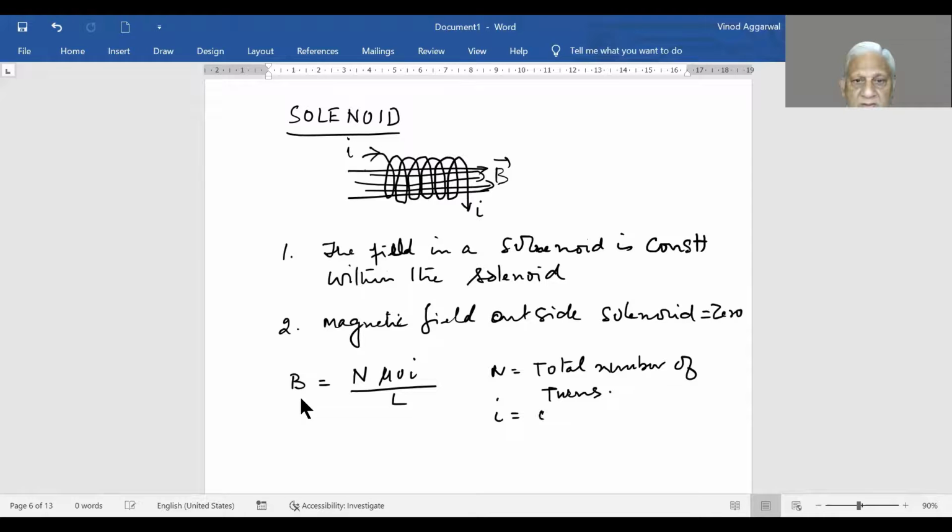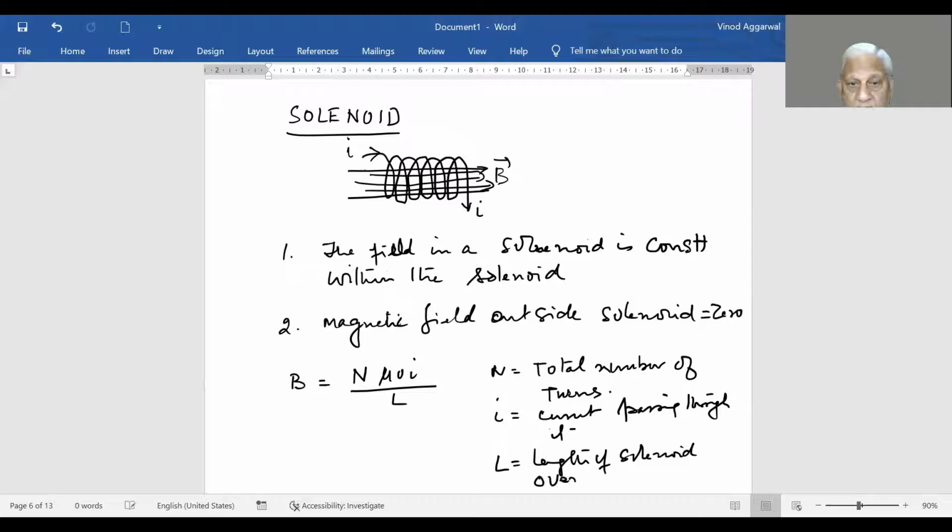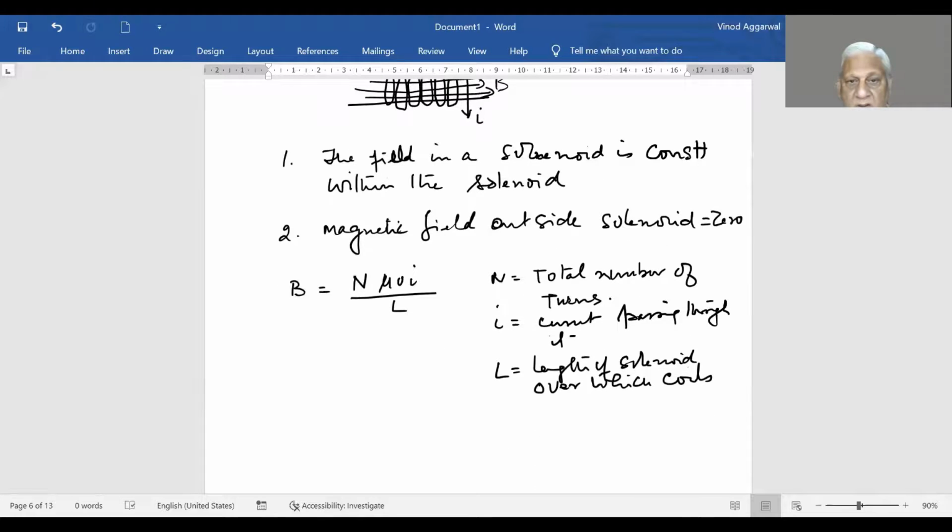I is the current passing through it. And L is the length of the solenoid. You have to be careful over which coils are tightly wrapped.